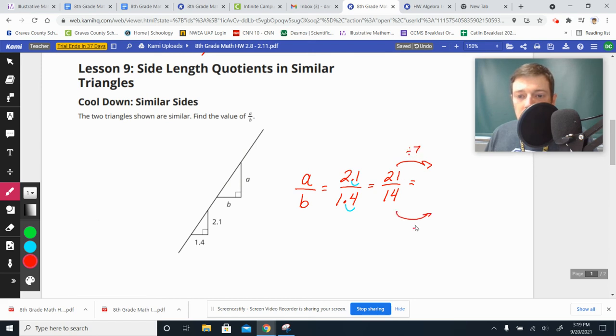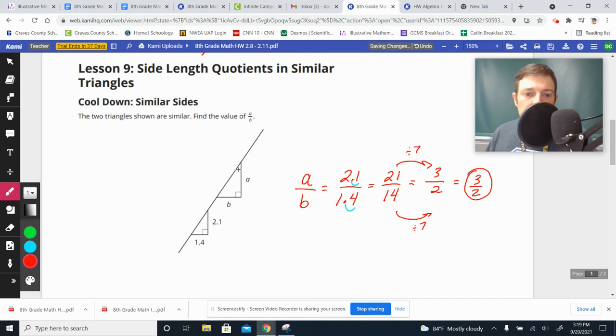When I divide them both by 7, I get 3 in the numerator and 2 in the denominator. So this says that my ratio of A to B, since my A is longer and my other side is shorter, is a 3 to 2 ratio.